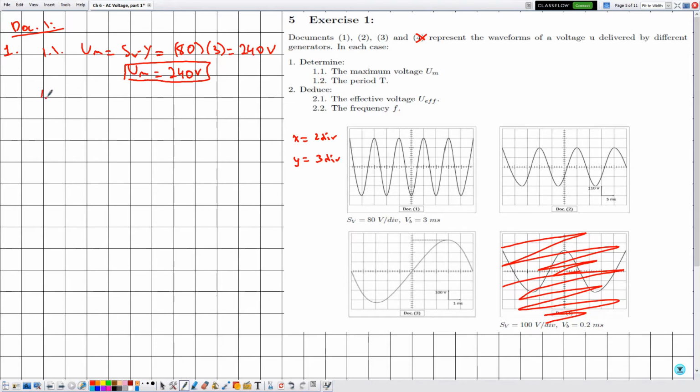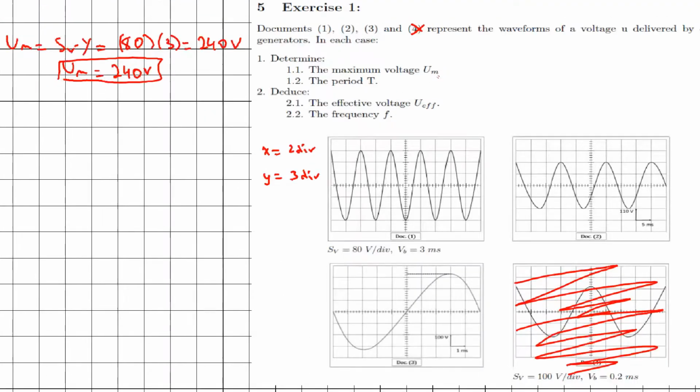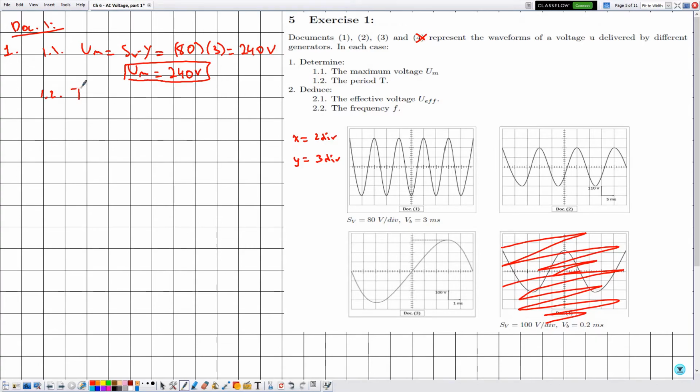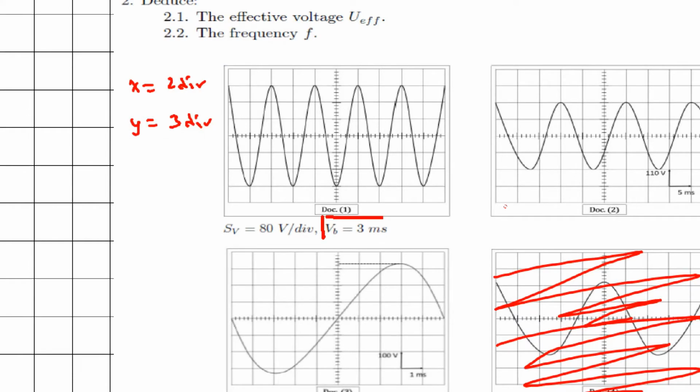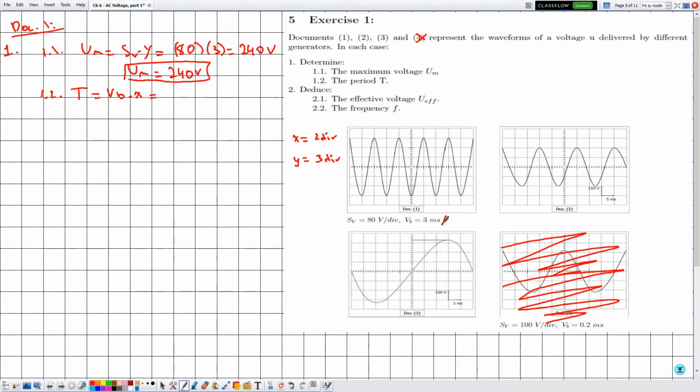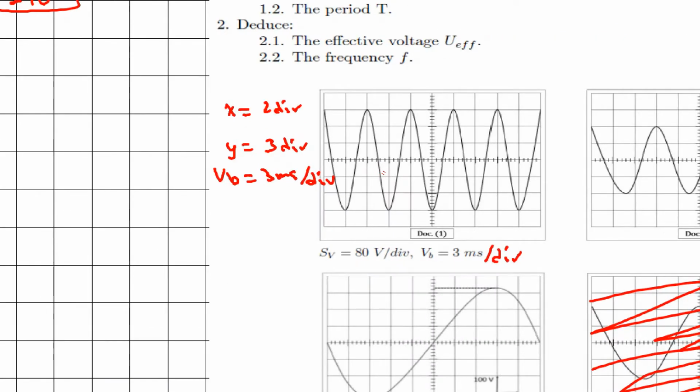Now as for part 1.2, they are asking me for the period T. So the period by definition is given by VB multiplied by X. Now here VB is given as 3 milliseconds per division, knowing that milliseconds is not the SI unit of time.